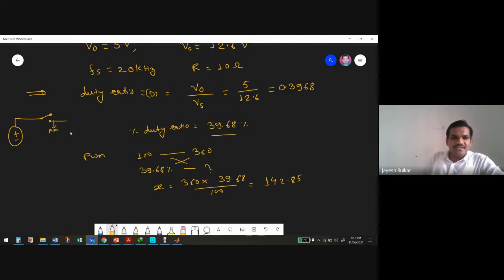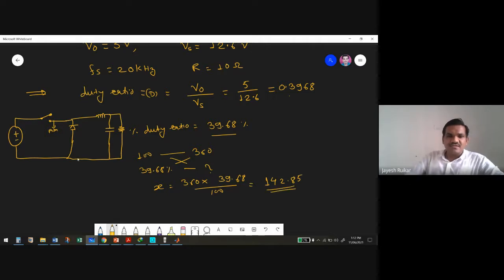Then we have a diode across here, then an inductor and a capacitor, and then the load resistance. Up till now we could find the duty ratio.